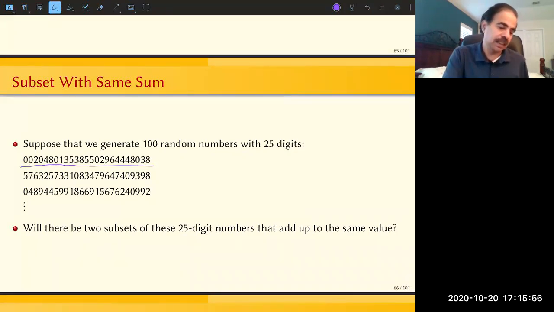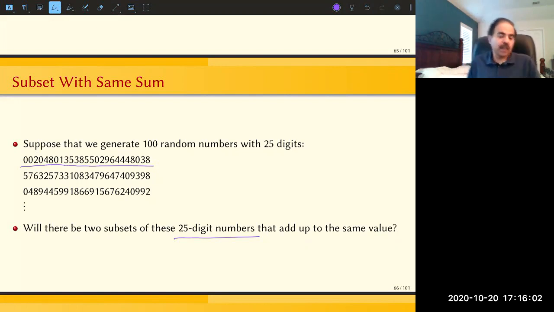But let's try to answer this question. Once again, it seems that if you add two different subsets of 25-digit numbers, they are unlikely to add up to the same value because there are so many different digits. We are not choosing these numbers so that they add up.